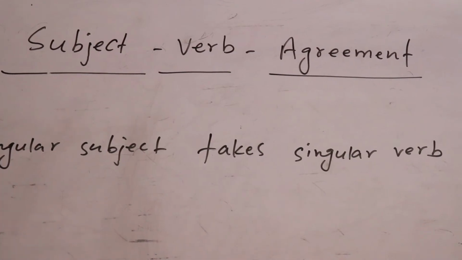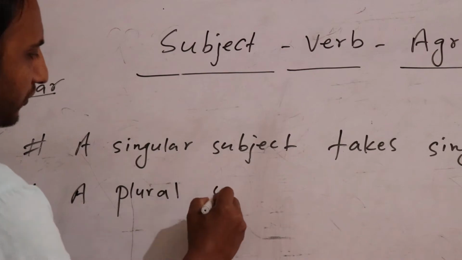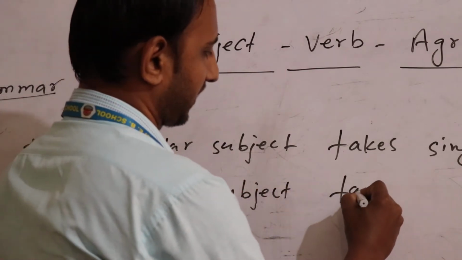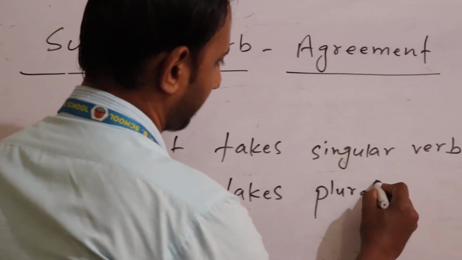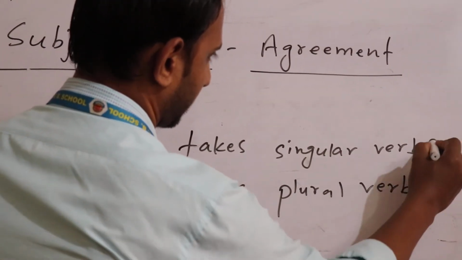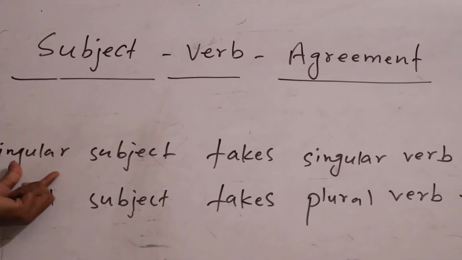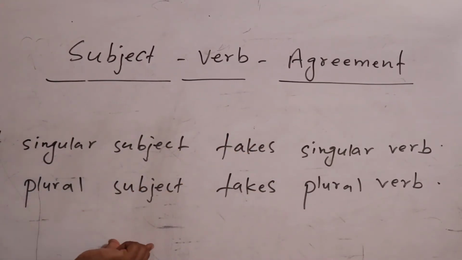Similarly, a plural subject takes a plural verb. When there is a singular subject, it takes a singular verb. When there is a plural subject, it takes a plural verb. Let's see from examples then.